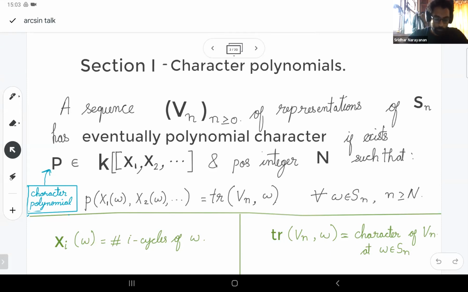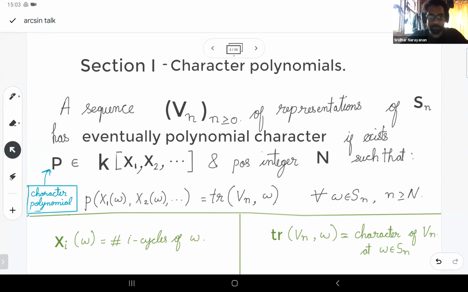Once we have defined these functions X_i, it makes sense to talk about polynomials in these functions. And it makes sense also to talk about the evaluation of these polynomials on permutations, because each of the X_i's can be evaluated on a permutation, and so the polynomials themselves can also be evaluated on permutations.